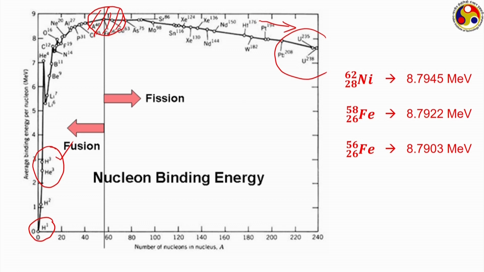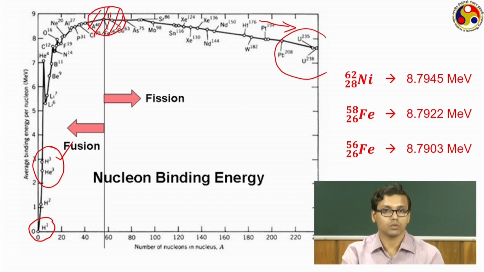One is fission. Fission corresponds to the breakup of one heavy nucleus into two lighter or smaller counterparts. Elements which have a mass number quite higher than 60, well beyond that value, undergo this fission kind of reaction, whereas the elements which have a mass number much lower than 60 go through the fusion reaction.